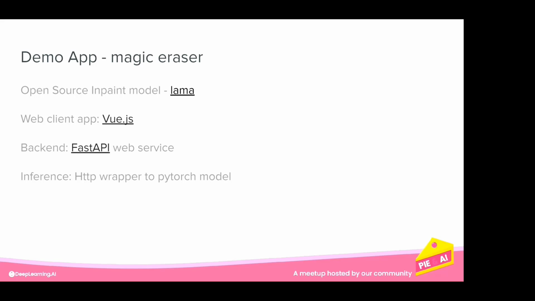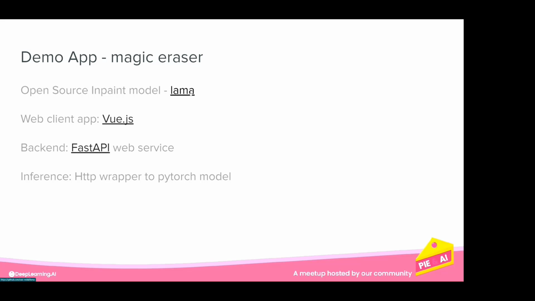I'm going to use a demo app to illustrate all the concepts and ideas here. I'm going to reproduce the Magic Eraser that Google has in their latest phone, the Pixel 6. I was impressed by the app, and I thought, maybe I can just do it myself for fun. I started my research and came across the inpainting model provided by Samsung.